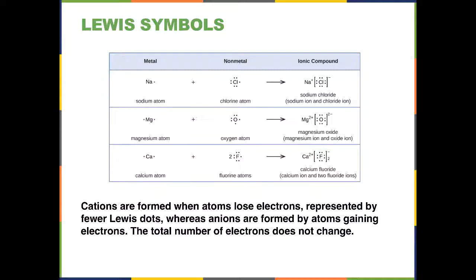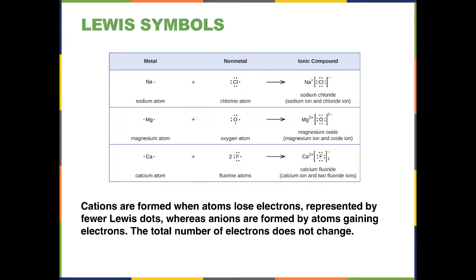You have a sodium with a dot, that's the sodium atom, plus a chlorine atom, which is a chlorine symbol with 7 dots. These come together and you have a sodium with a plus, which represents the sodium ion, and inside brackets you have a chlorine with 8 dots and a minus, and that's the chlorine anion.